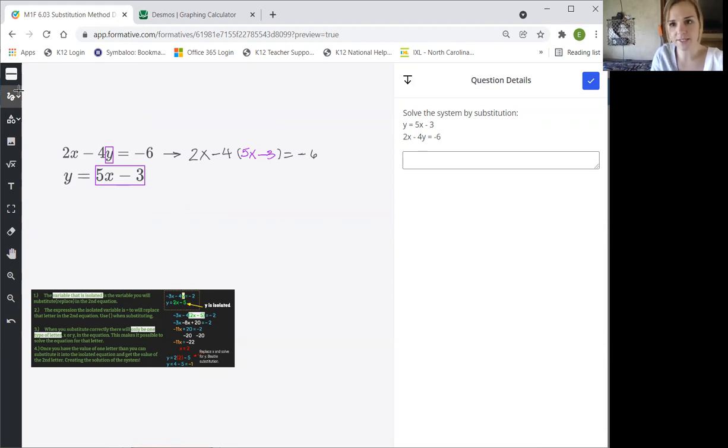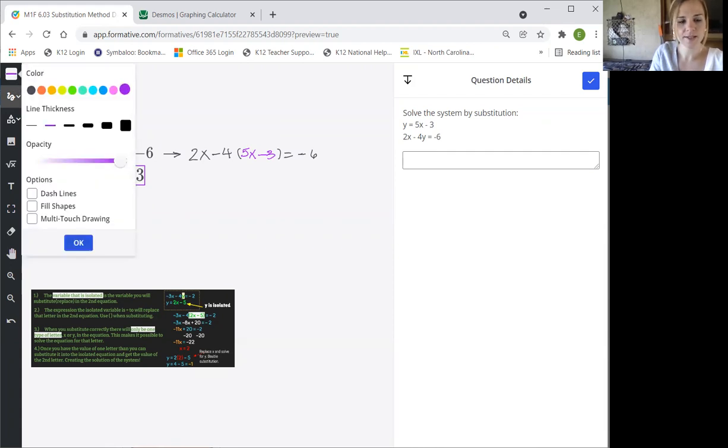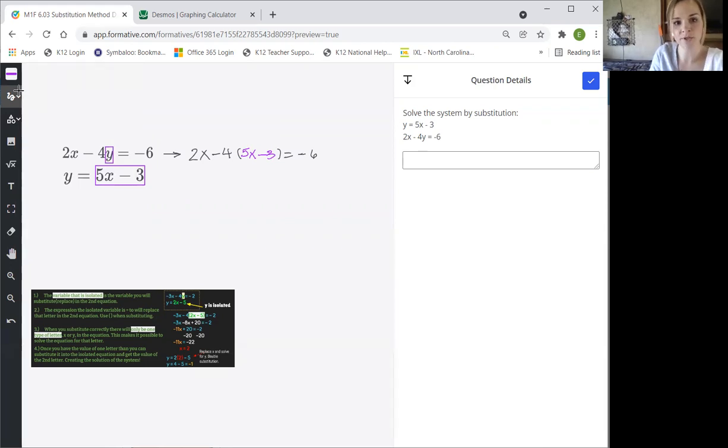Everything else stays the same. The only thing we need to replace here is that y value. Then we can go ahead and distribute. When we distribute, we end up with -4 times 5x is -20x, and -4 times -3 is -12. And then we want to bring down our 2x and -6.